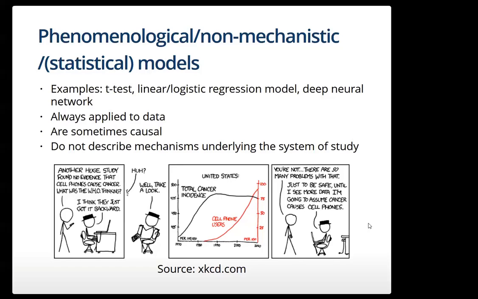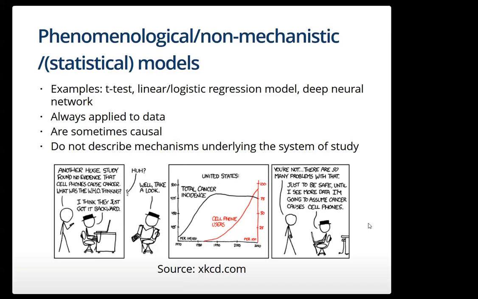And that cartoon down there illustrates that idea, that just because two things go up, in this case cell phones and cancer, you really cannot say if one causes the other, or they just happen to both go up. So you get at those patterns, and then from there on, if you want to make further conclusions, it goes beyond the models.